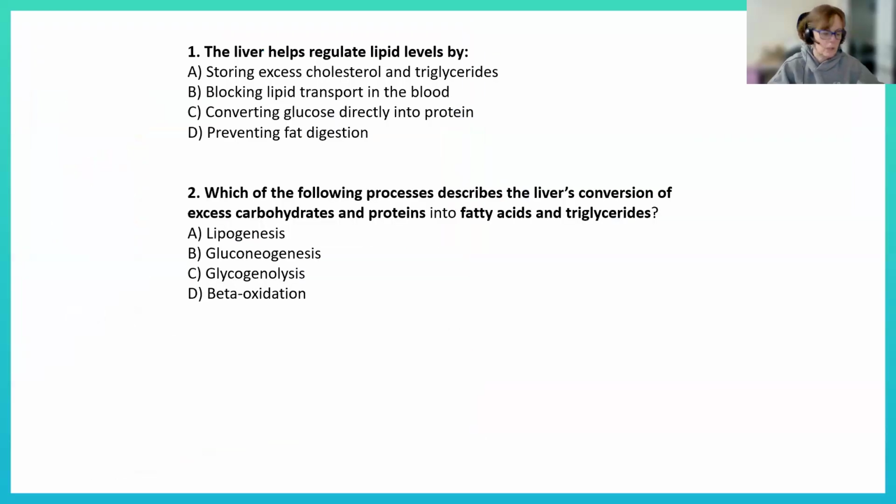Okay, let's have a little look at some questions. How does the liver help regulate lipid levels? And which of the following processes describes the liver's conversion of excess carbohydrates and proteins into fatty acids and triglycerides? Sorry, normally when you talk about fatty acids, you talk about fatty acids and glycerol, so I said it automatically.